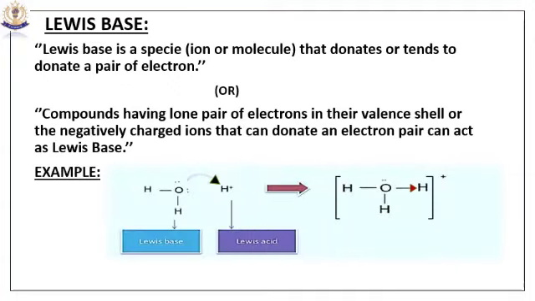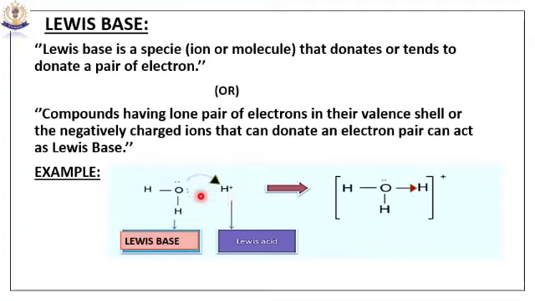Let's see this example. Students, you are also familiar with this example that here water molecule acts as a Lewis base. Why? Because it has lone pairs of electrons. It is reacting with hydrogen ion. Hydrogen ion has no electron in its shell. It is only left with a proton in its nucleus. So it is very deficient of electrons.